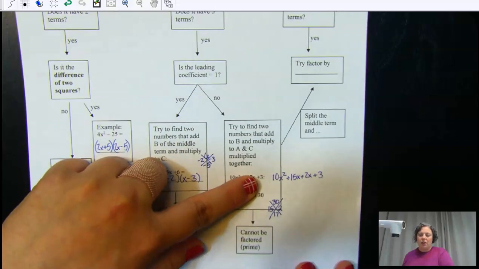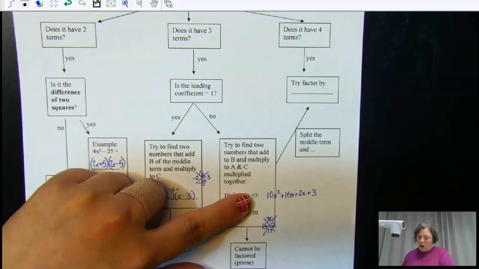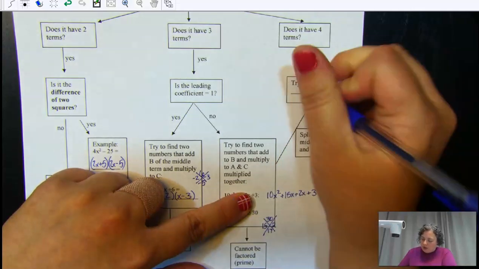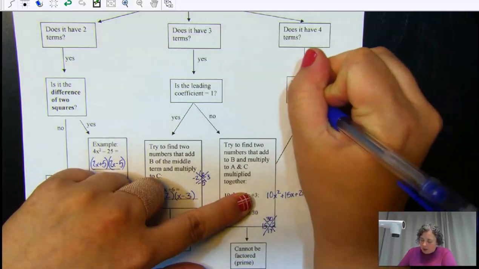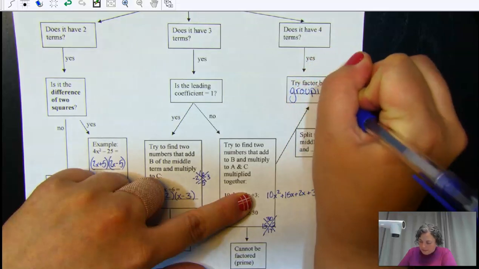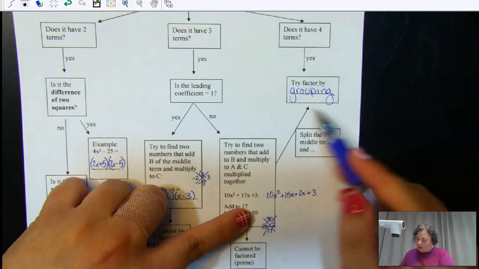And really, I'm going to go ahead and look up at the next part, because once you have 4 terms, okay, does it have 4 terms, you are now going to factor by grouping. Okay, so we're going to split the middle term and factor by grouping.